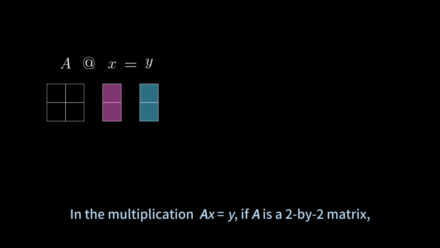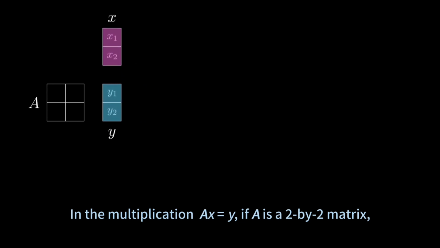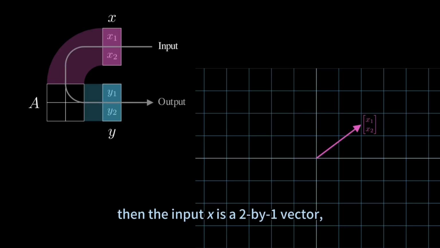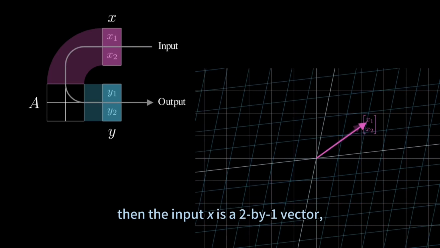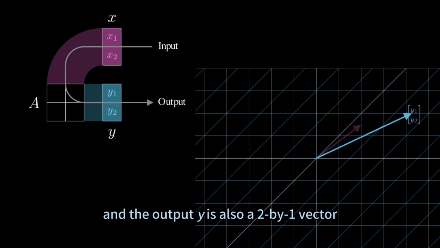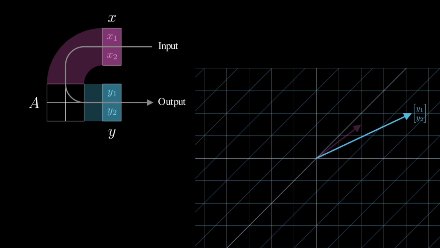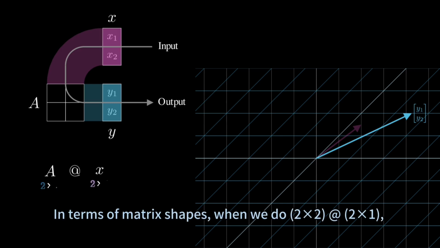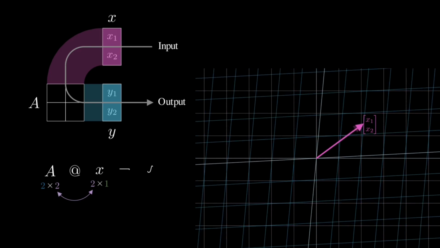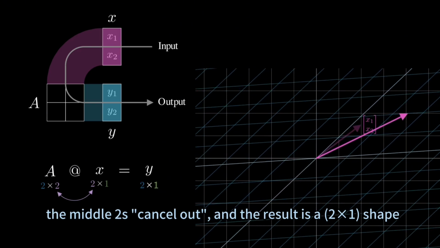In the multiplication AX equals Y, if A is a 2 by 2 matrix, then the input X vector is a 2 by 1 vector, and the output Y is also a 2 by 1 vector. In terms of matrix shapes, when we do 2 times 2 times 2 times 1, the middle 2's cancel out.